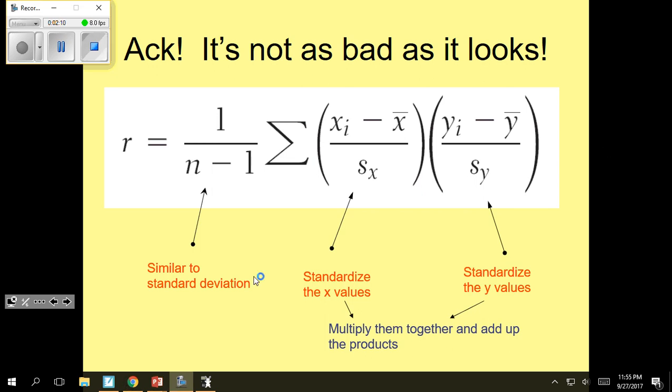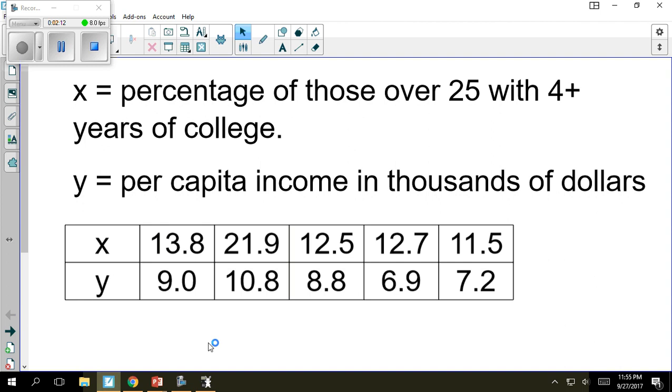And furthermore, what's the per capita income in thousands of dollars? And they got this data set right here. So it was Greenwood, Hilton Head Island, Myrtle Beach, Orangeburg, and Sumter, the 5 cities. Again, this is the percentage of people who were 25 and over that had 4 or more years of college, and this is the per capita income in thousands of dollars for that community.